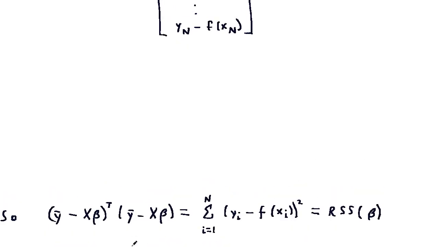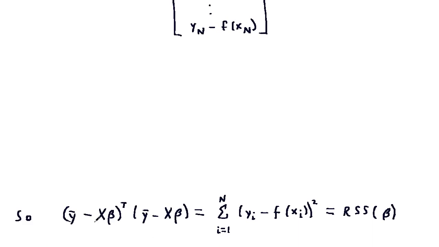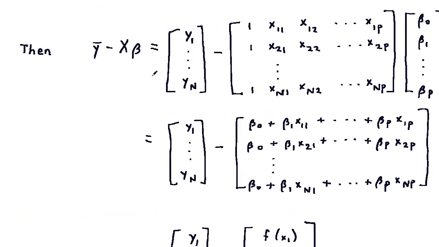So y minus x beta transpose times y minus x beta is going to be the sum of the squares of yi minus f of xi. We found y minus x beta here, that's equal to this.